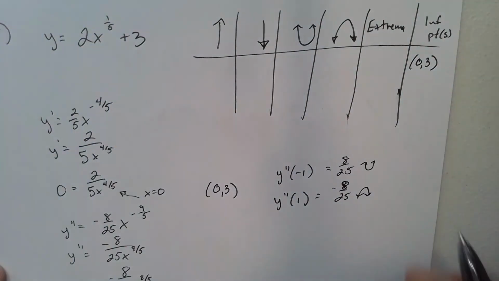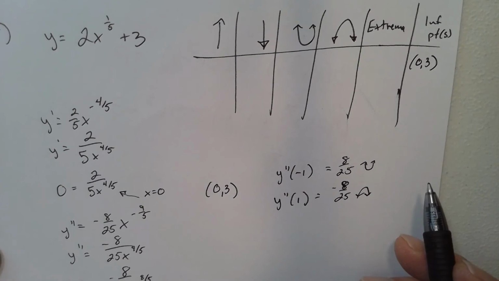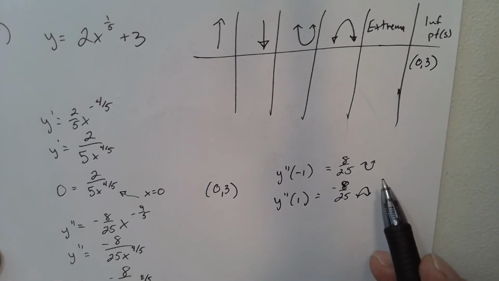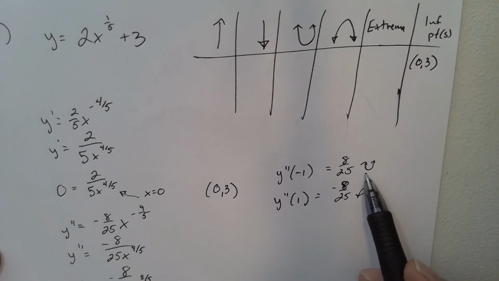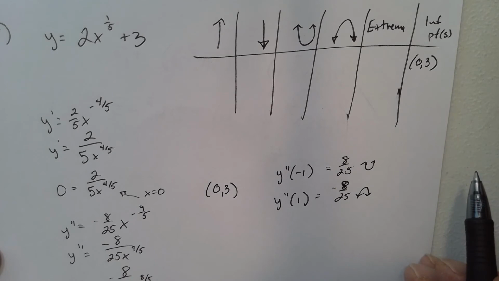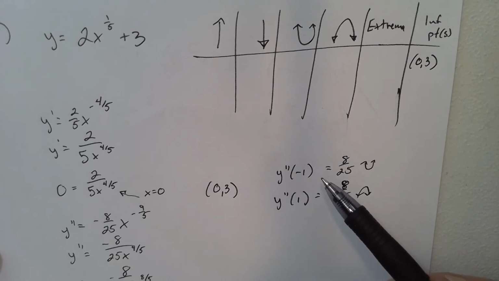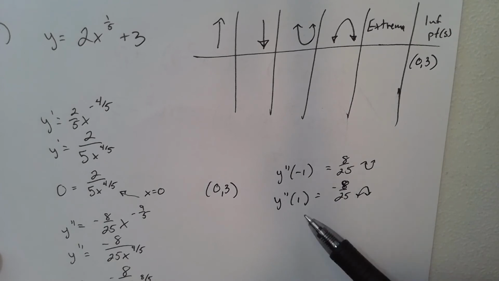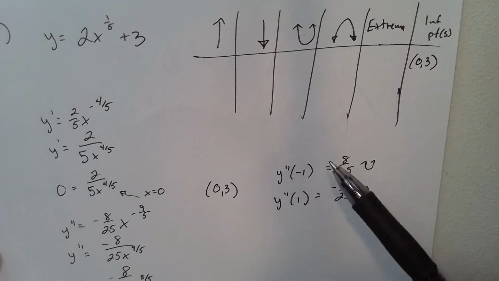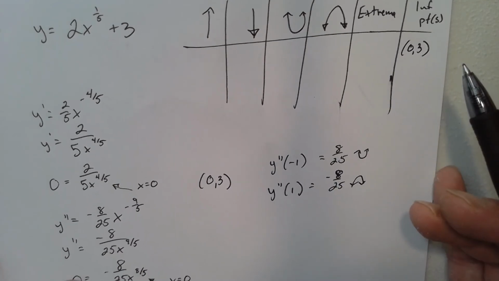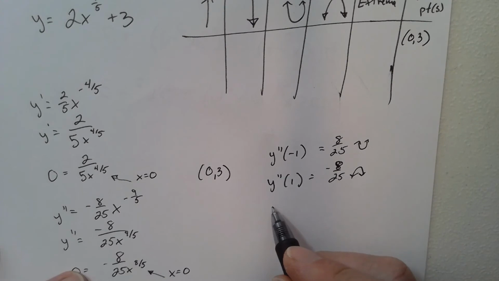Let's pick points on either side. So we know it's concave up and then it goes concave down, but we don't know if it's increasing or decreasing. So we could plug in negative 1 and 1 into our first derivative, or we can just plug it into our original. And if we plug it into our original, we can determine which one is a higher y value. So it doesn't matter.